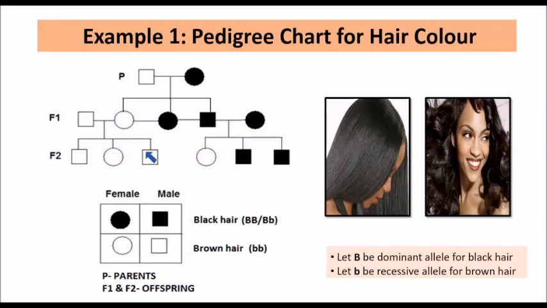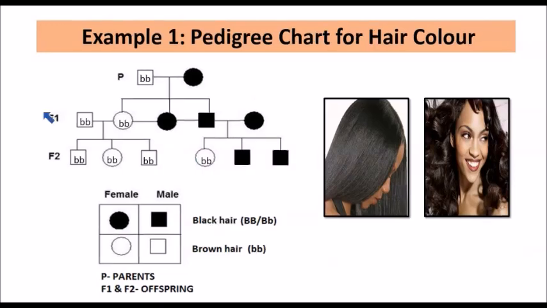So all of the unshaded circles and squares, all of them would be homozygous recessive. So that's the first thing that we can work out. So all the brown haired individuals would have to be all homozygous recessive in order to have brown hair.